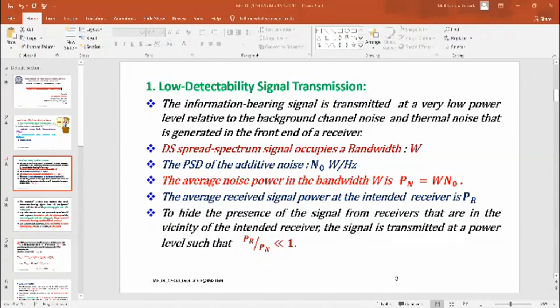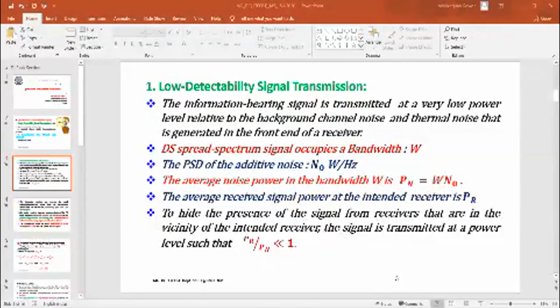If we do that, the unintended listener will not be able to detect the presence of the signal. Only the intended receiver will be able to detect it, because of the processing gain and the coding gain at the intended receiver.